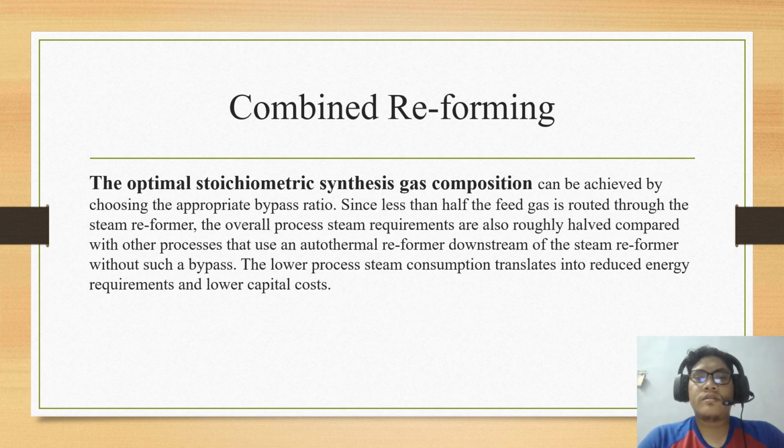The optimal stoichiometric synthesis gas composition can be achieved by choosing the appropriate bypass ratio. Since less than half the feed gas is routed through the steam reformer, the overall process steam requirements are also roughly half compared with other processes that use an autothermal reformer downstream of the steam reformer without such a bypass. The lower process steam consumption translates into reduced energy requirement and lower capital costs.